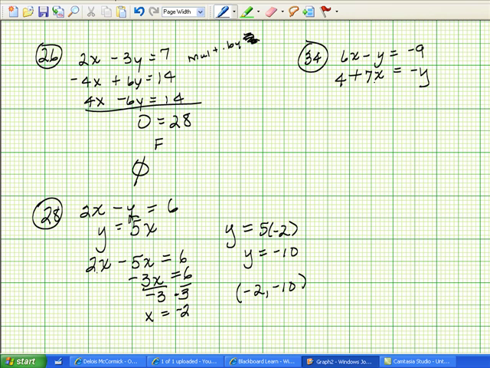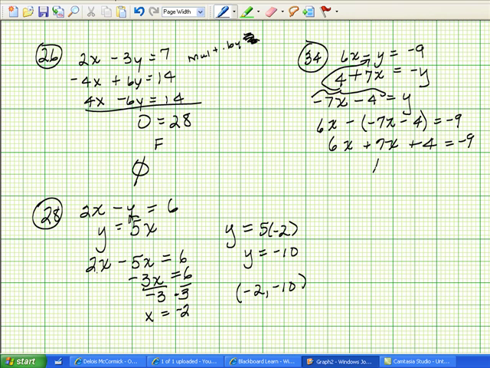So 6x minus negative 7x minus 4 equals negative 9. 6x plus 7x plus 4 equals negative 9. 13x, if we subtract 4 from both sides, equals negative 13. Divide by 13, x is negative 1.